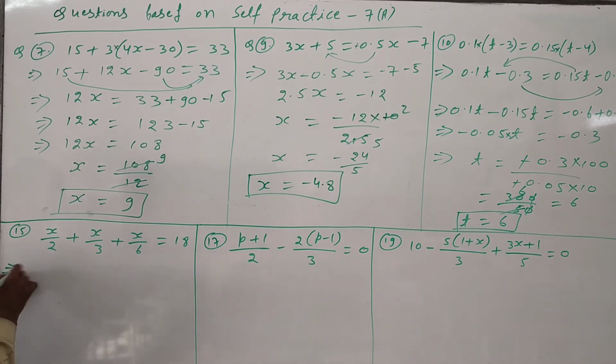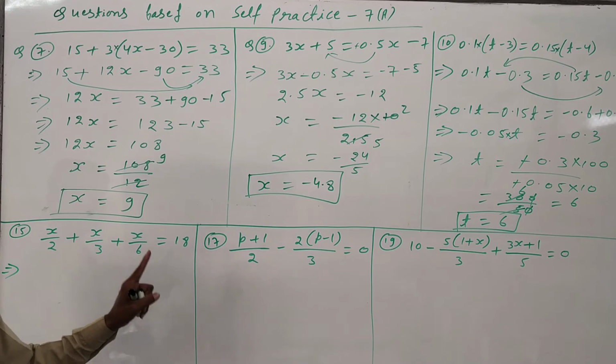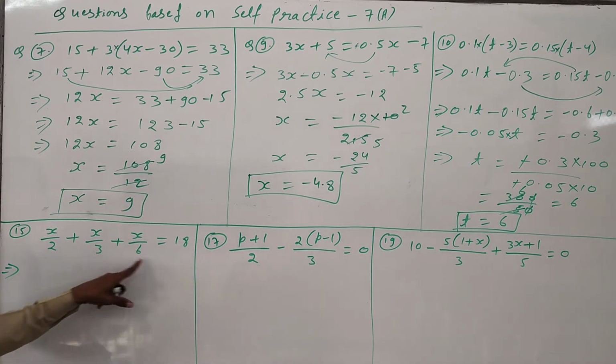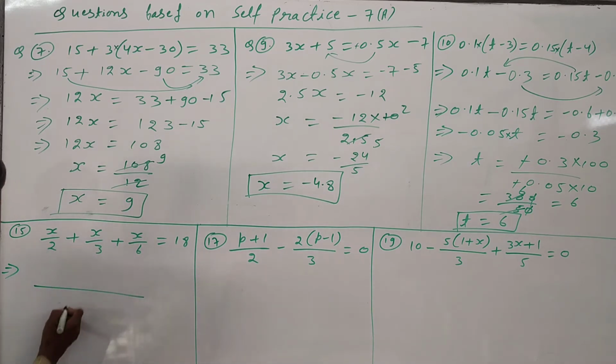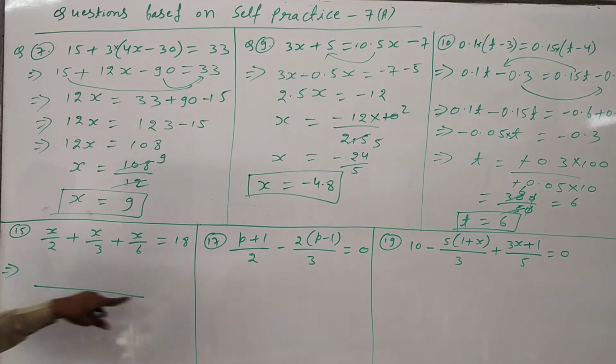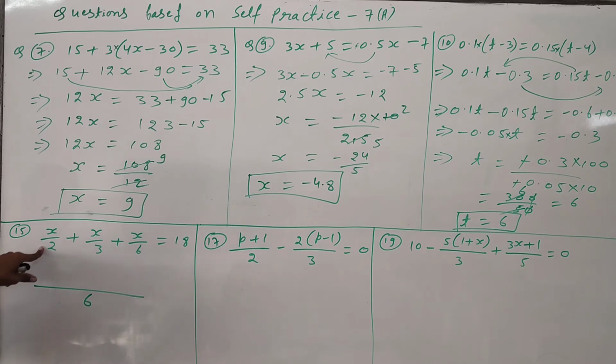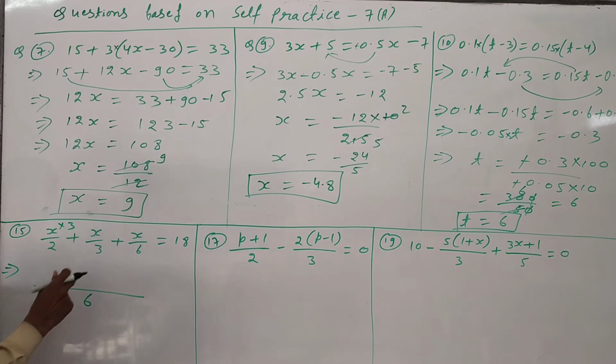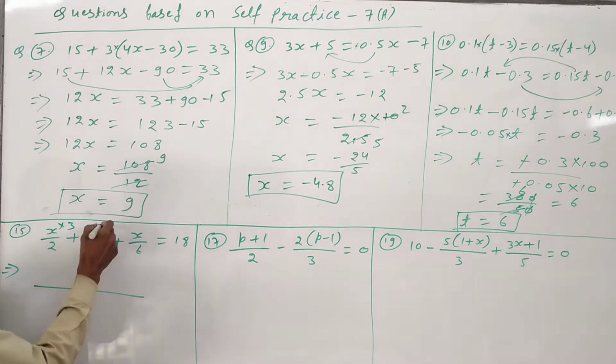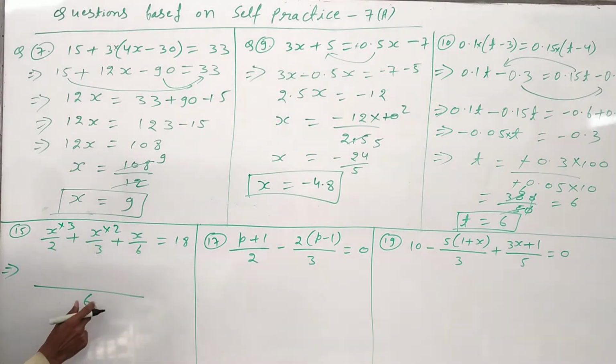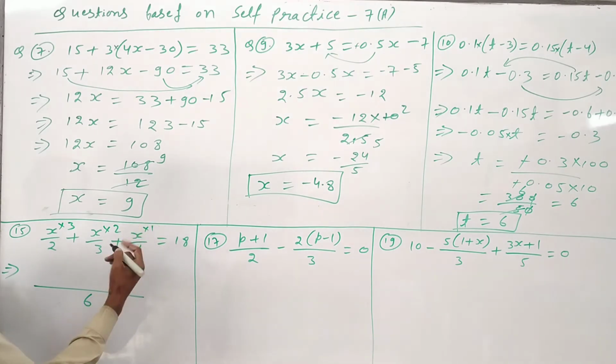So first of all, for addition, as fractions are given, we have to take the LCM of 2, 3, 6. The LCM will come 6 only. Now we have to make the denominators the same, so write down here 6 and then repeat. In the 2 table 6 will come 3 times, so we multiply here by 3. In the 3 table 6 will come 2 times, so we multiply by 2, and here 6 ones are 6, so we multiply by 1.